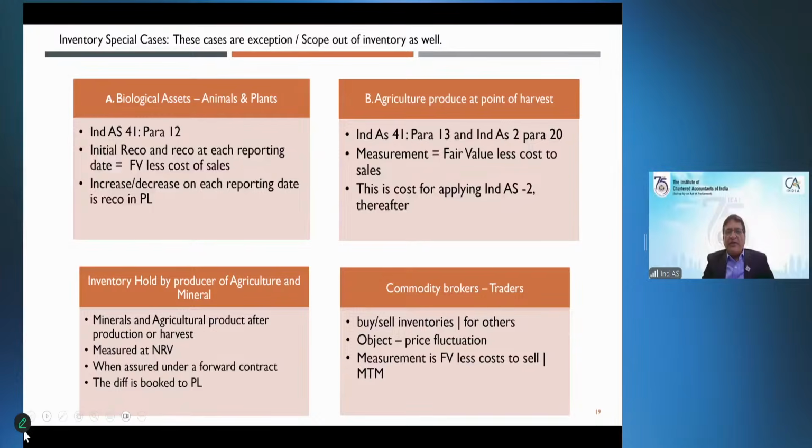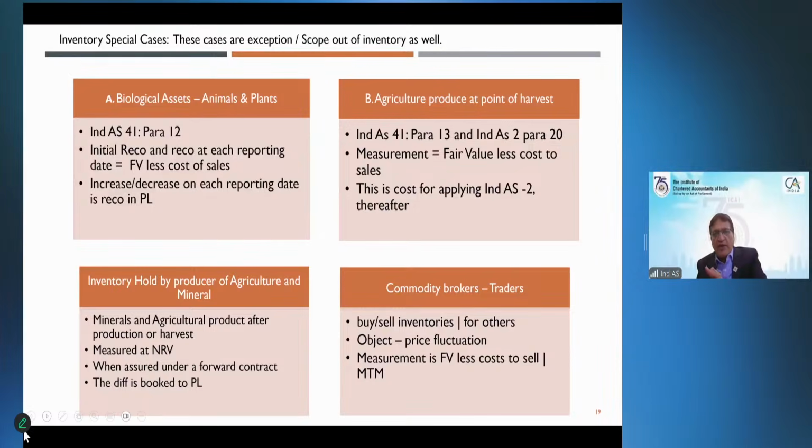A calf would be, say, 10,000, but a grown up calf would be 15,000. So this 5,000 becomes the value change. So that is how biological assets, that is animals and plants, are valued.